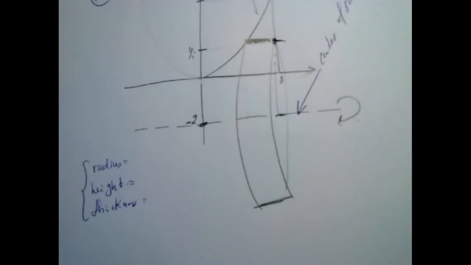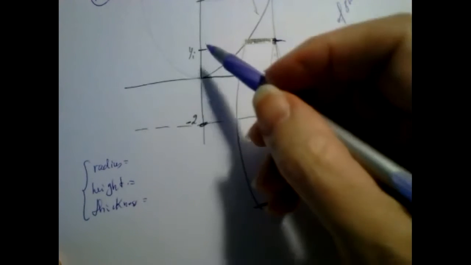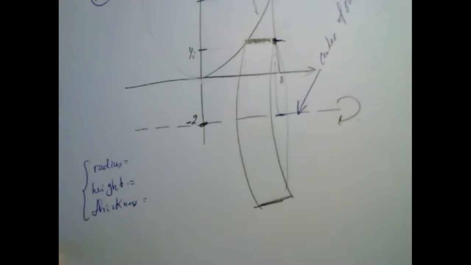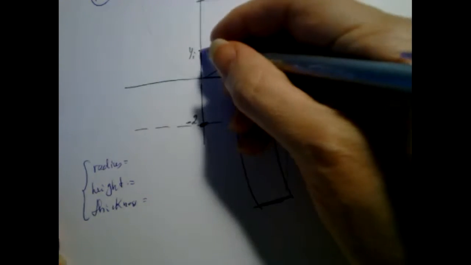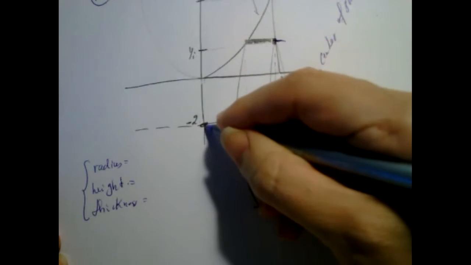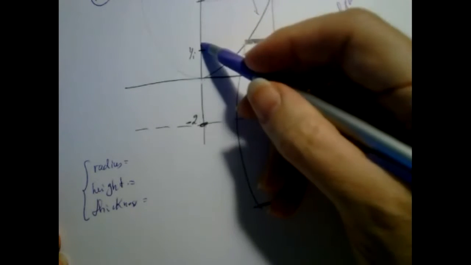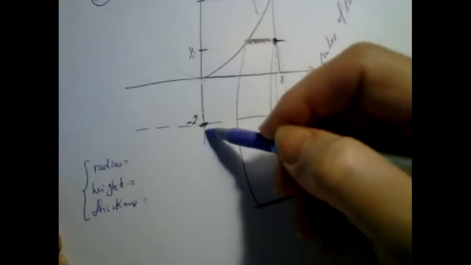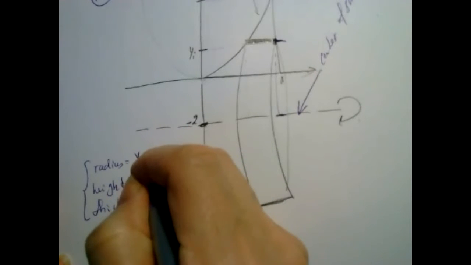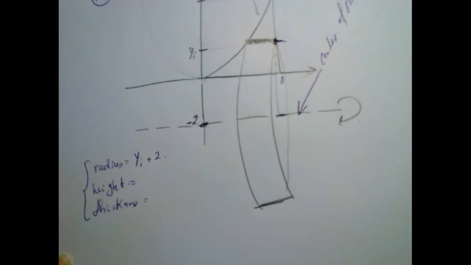That's my radius. So it's equal to what? So on the picture is from here to here. So quickly, what's the radius? yi plus 2. Yeah. Right, it's yi basically plus 2. Or yi minus -2, upper minus lower. So that's my radius. And honestly, we are done.